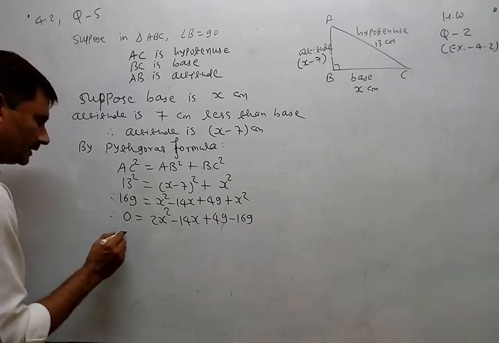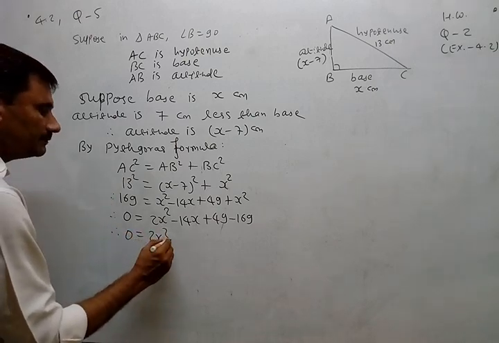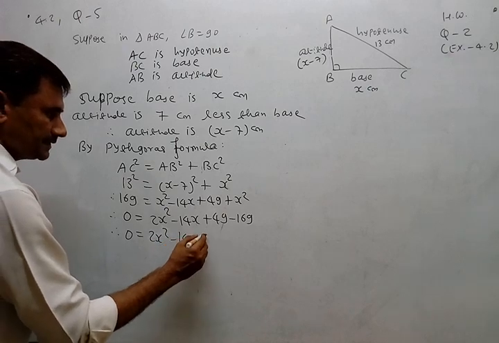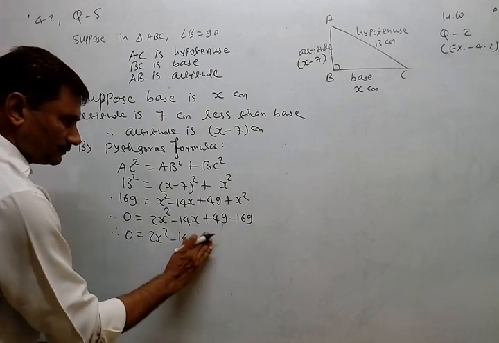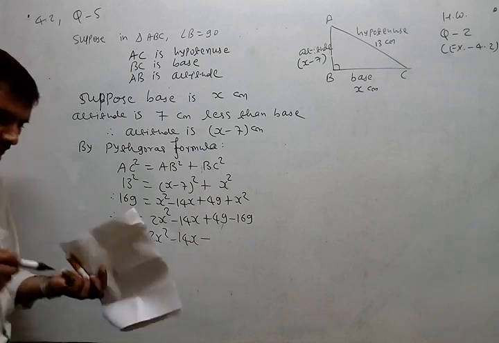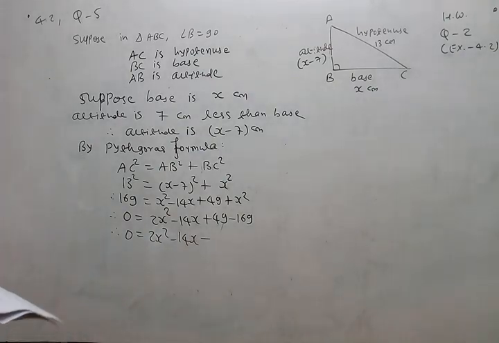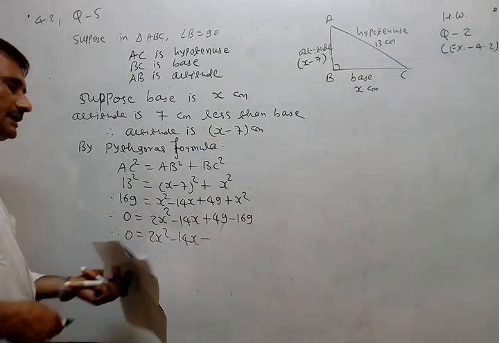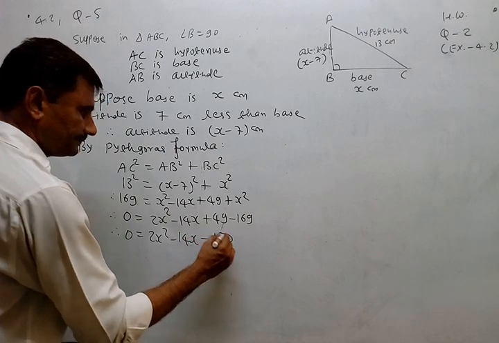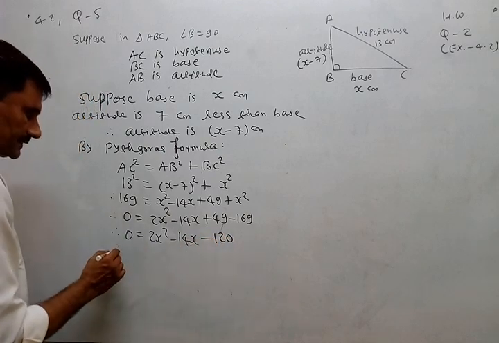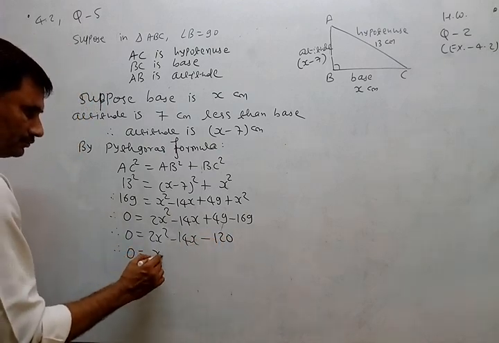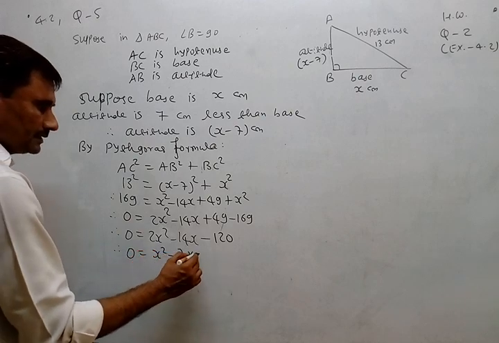Therefore 2x square minus 14x, how much is it? Bigger sign, opposite sign subtraction, bigger sign: 9 minus 9 is 0, 16 minus 4 is 12, so it is 120. But the equation is reducible, so divide it by 2, giving 60.